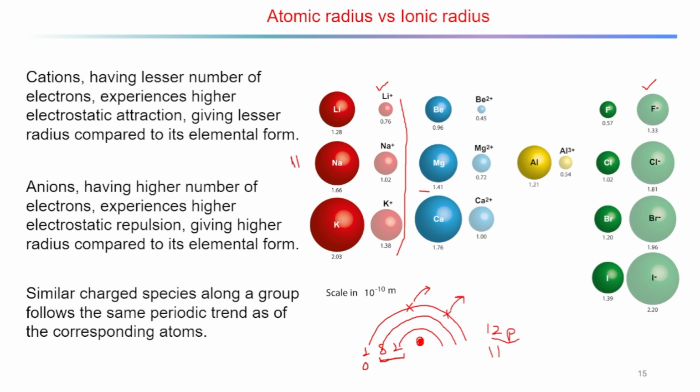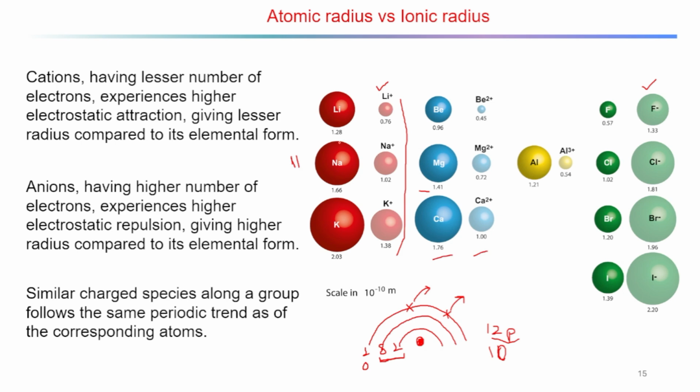Again this third shell becomes vacant. That time we have 12 protons and 10 electrons. So the number of protons is more and the number of electrons is less. The attraction towards the nucleus for each electron will increase, and that decreases the size. So that's why cations are always smaller in size compared to their elements.